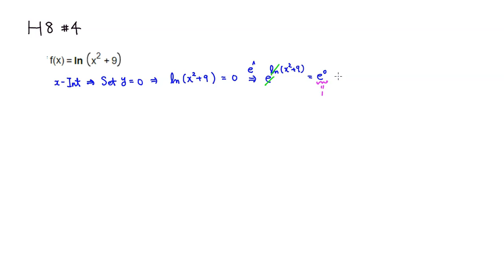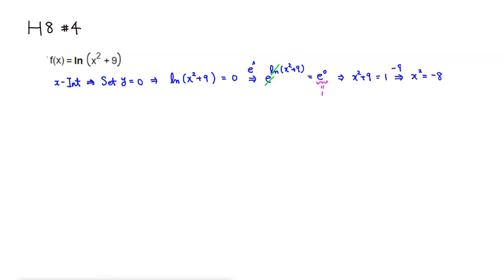So what you get is x squared plus 9 is equal to 1. This has no real solution, because if you subtract 9, x squared has to be equal to negative 8. There's no such value, so there's no x-intercept.